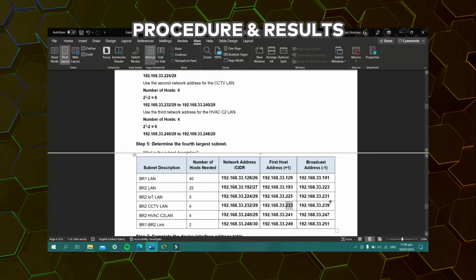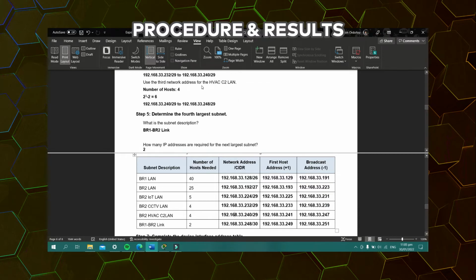And for the second obtained IP address, we would just subtract 1. So it becomes 0.239. Next, for the HVAC C2 LAN, the first network address would be 0.240/29. For the first host address, we would add 1, so it becomes 241. And for the broadcast address, we would subtract from the second obtained network address, so from 248, it becomes 0.247.